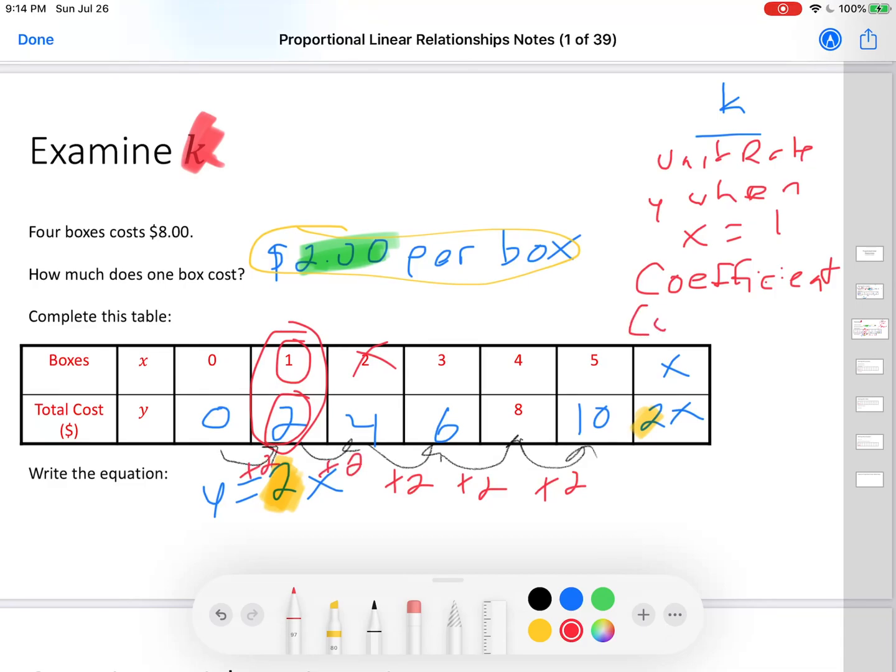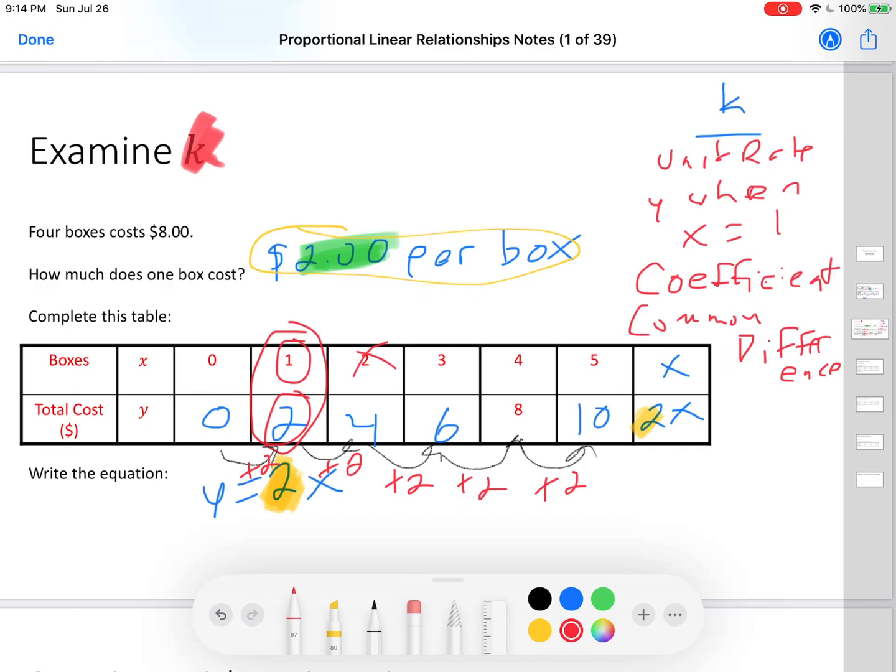This is called a common difference. And those are some of the different things that k is. It's the unit rate, it's the coefficient, it's the common difference: 0, 2, 4, 6, 8, 10, 12, 14, 16. It goes by 2's. It is when x is 1, what is y? And it's what multiplies. It's the unit rate.